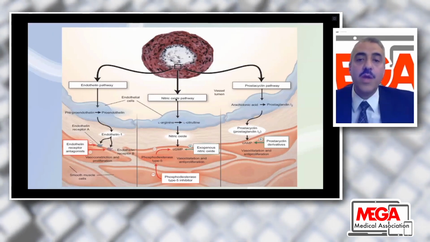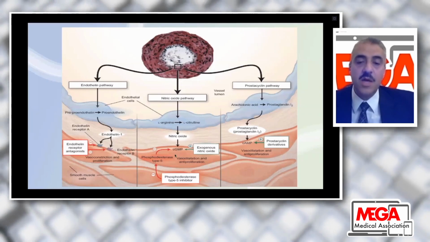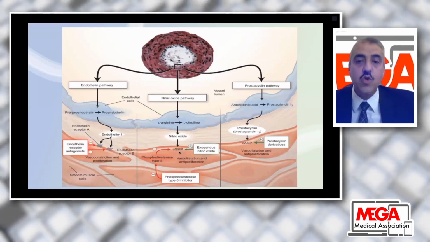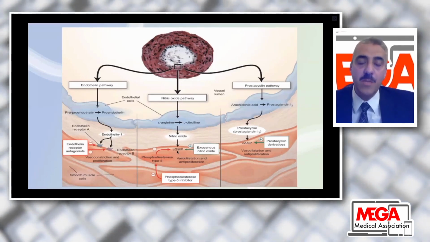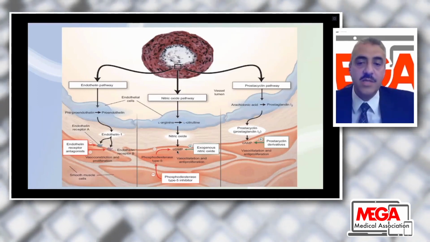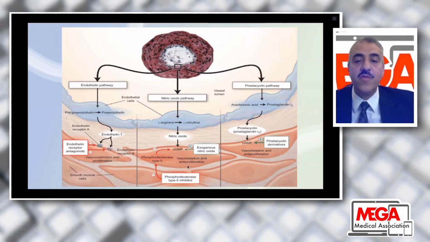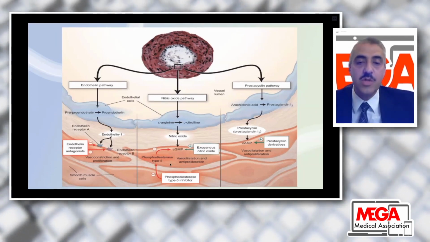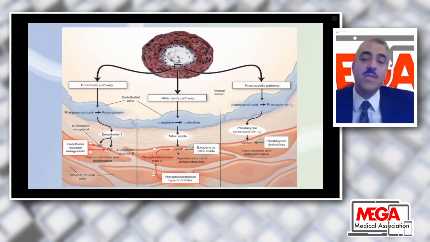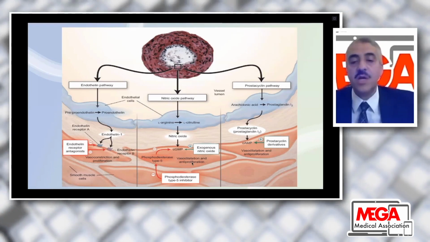The nitric oxide pathway includes nitric oxide produced by the endothelium, which passes inside the smooth muscle cell to produce cyclic GMP through activation of guanylate cyclase. Other drugs could be used, such as the phosphodiesterase inhibitors, which decrease the breakdown of cyclic GMP, and so vasodilation and anti-proliferation are produced.